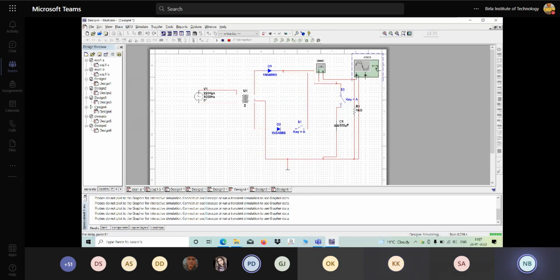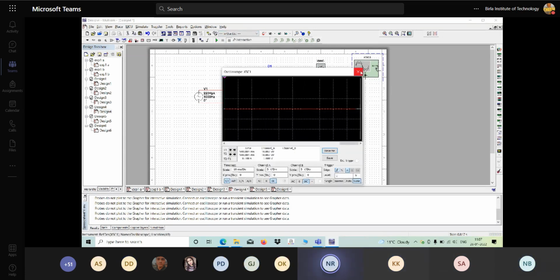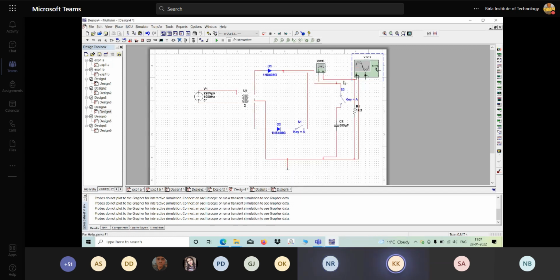In the last experiment, the output is not showing in an accurate way. The positive terminal of the oscilloscope is connected to the negative terminal of the multimeter instead of the positive. So you have added the positive terminal of the oscilloscope with the multimeter negative terminal? Okay, just let us check.